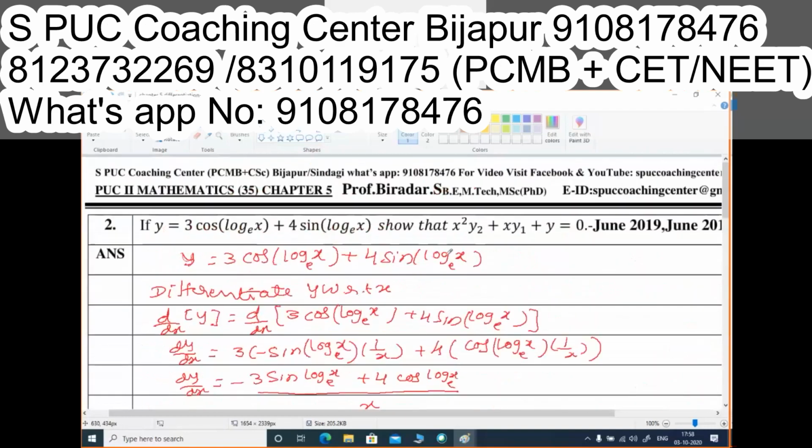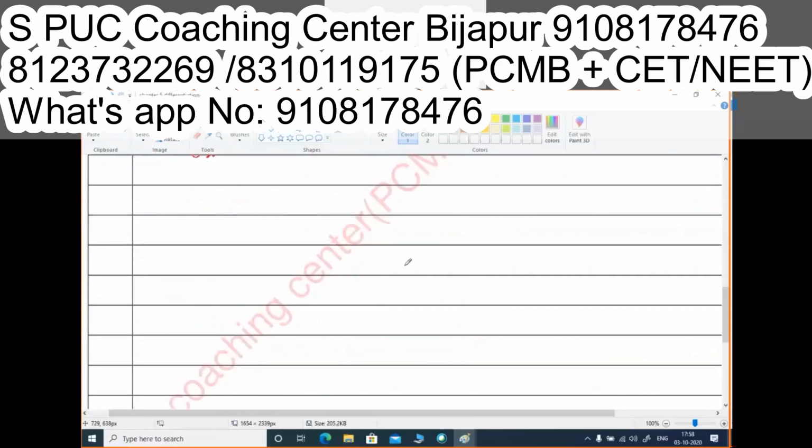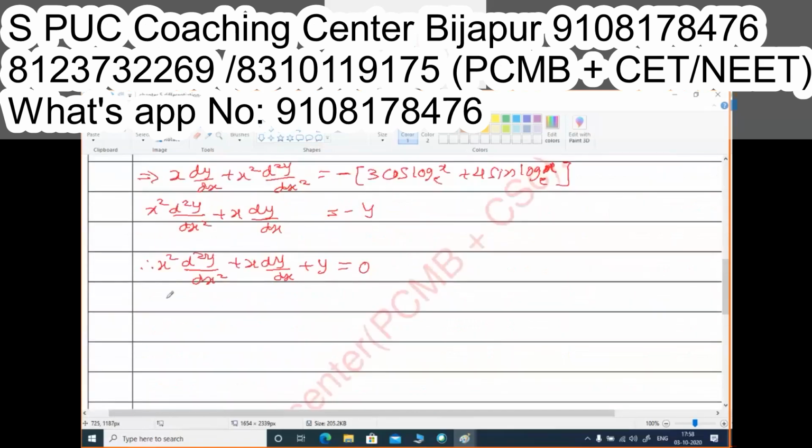He has asked it as y2 and y1. So I write x square y2 plus x y1 plus y equals 0. Compulsorily you have to specify that y2 is d square y by dx square and y1 is dy by dx.